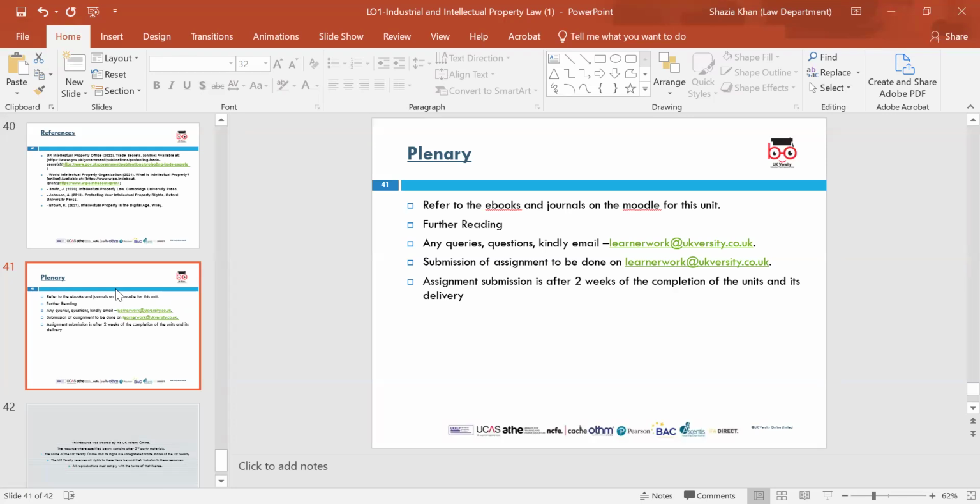Assignment submission is 2 weeks after completion of the unit and its delivery. Once you've completed all the learning outcomes and done the assignment discussion, you can work on the assignment and complete it within 2 weeks. A lot more will be covered in the assignment discussion, so don't worry about that.